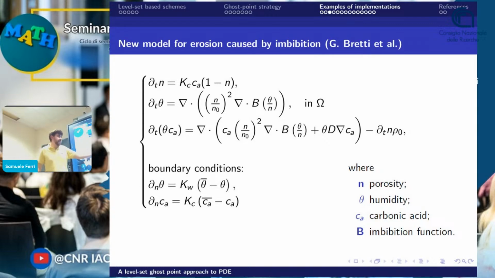We add to the system these two boundary conditions, which are Robin type, where the two Ks, Kw and Kc, are the exchange rates with the external air of the humidity and the CO2, the carbonic acid, and theta bar and Ca bar are just the values outside of the boundary, which is the air or the pollution at some point in time. Okay.